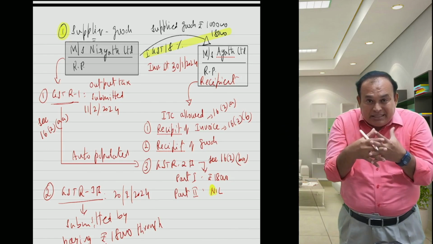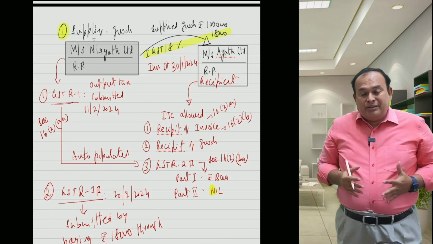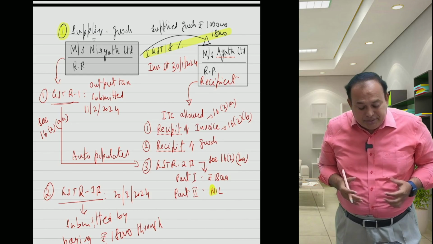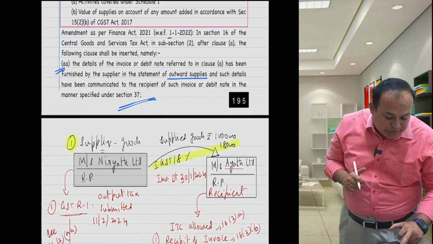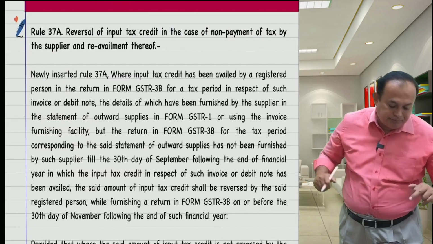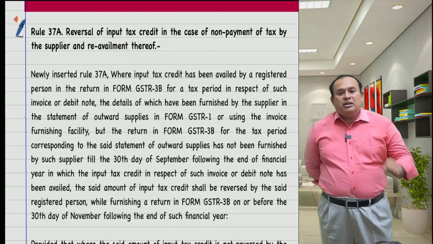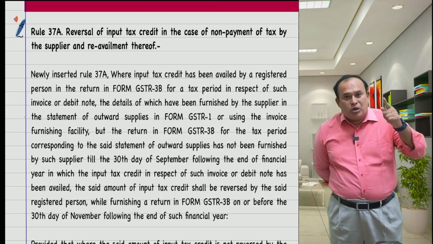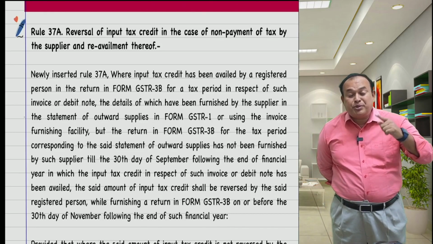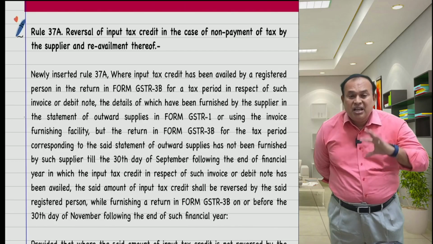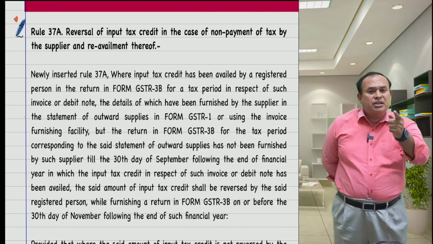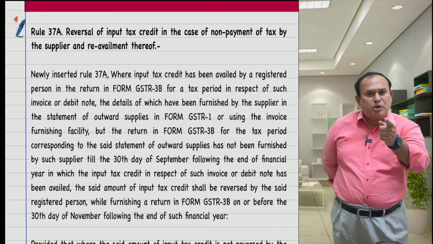If it is not paid, what are the consequences? I am bringing that to your notice now. Rule 37A is directly linked with Section 16(2)(c), which says that the supplier of goods or services must pay whatever liability to the department.